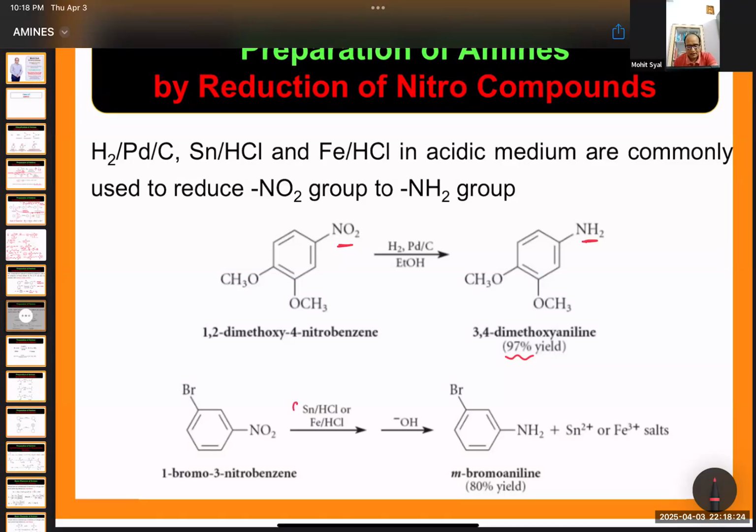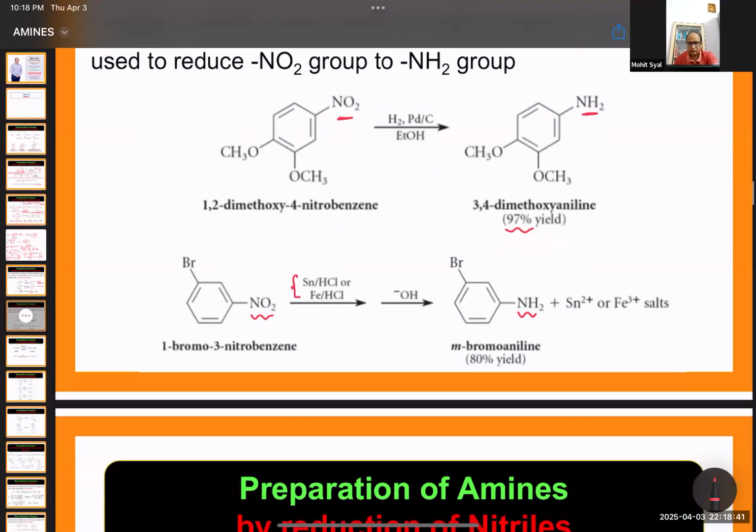And Sn or Fe/HCl is reducing this NO2 group to NH2. Tin or Fe themselves got oxidized to Sn2+ or Fe3+. Okay.